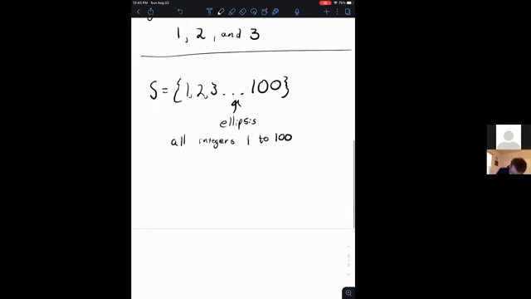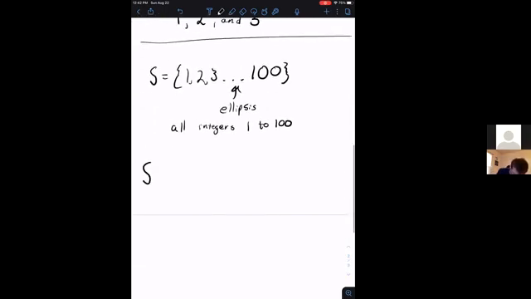So you can also use ellipses to do this, dot, dot, dot. And that is an infinite set. Okay, so this is the natural numbers. So S is the natural numbers. That just means it goes on forever.